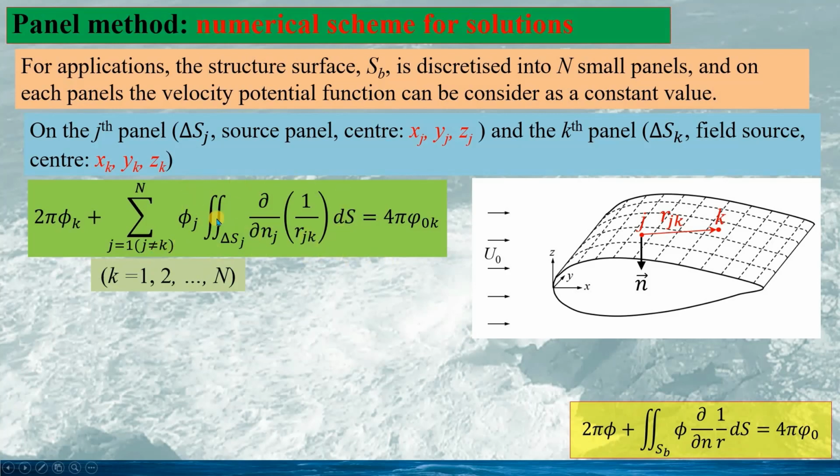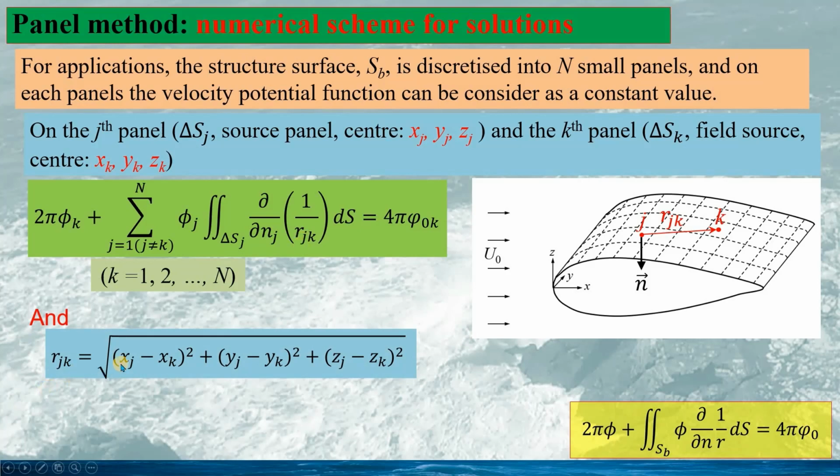And in this integral, on delta Sj we move out phi j because on Sj, the small panel, the potential function phi can be taken as a constant. Thus, it can be moved out from the integral. Then the integral would be only on this expression.